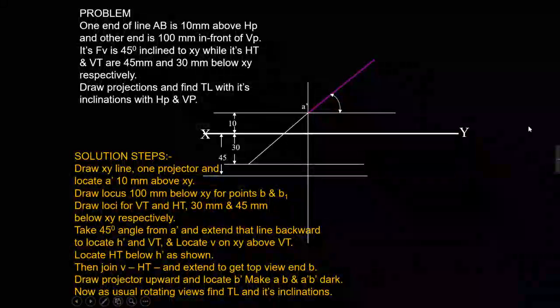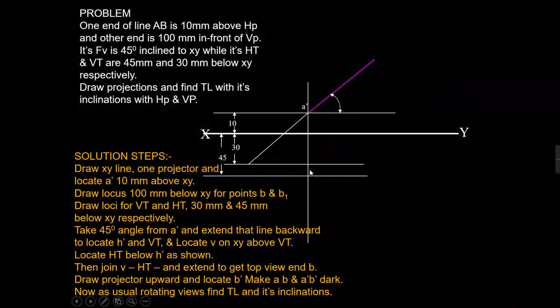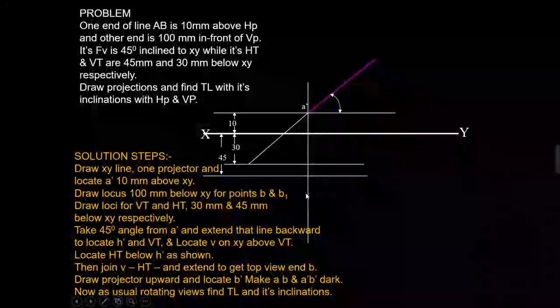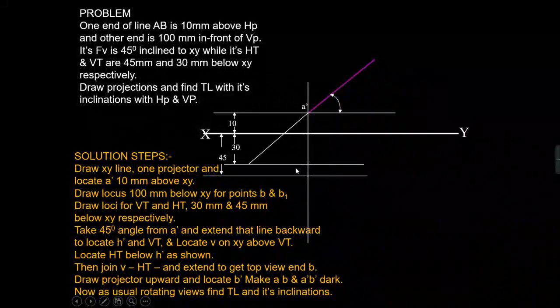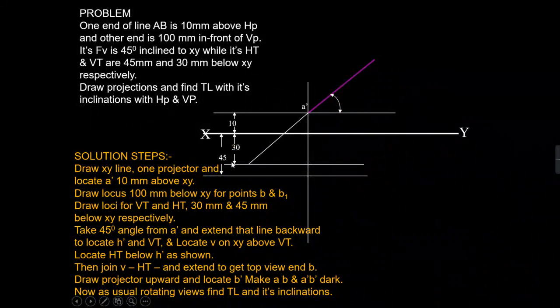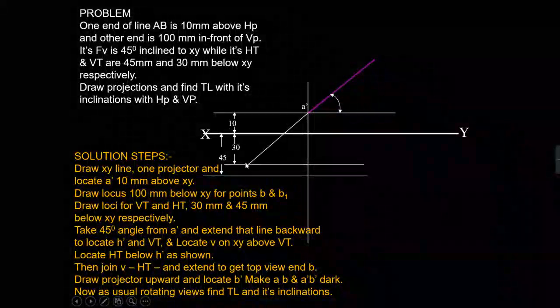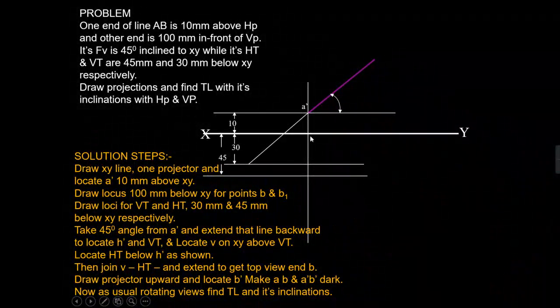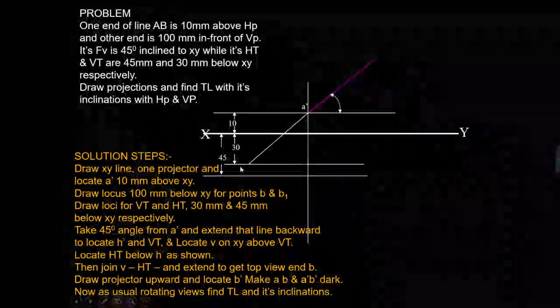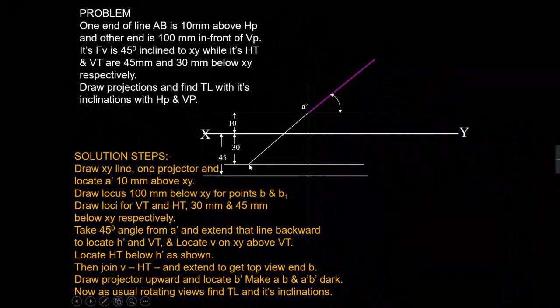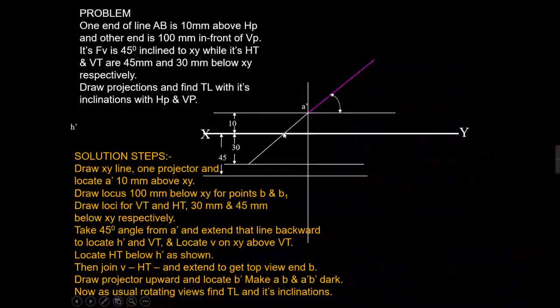Then I will extend the front view up to the vertical trace line. This is your vertical trace line, meaning the vertical trace is 30 mm below the XY line. When the line that is extended through the front view cuts this line, you will get the vertical trace, and this is your point H dash.